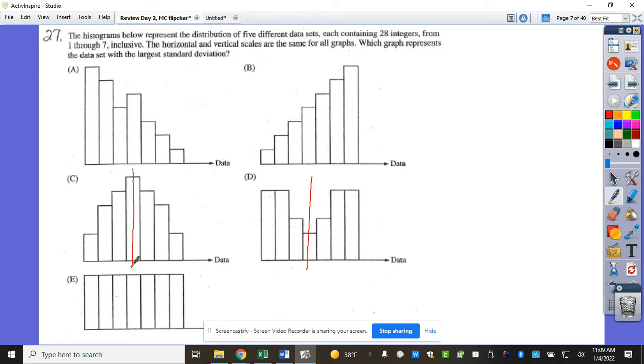Away from the mean. So there's a lot of contribution away. Where I have almost no pull of 0. So of those two, which is going to have the higher standard deviation?